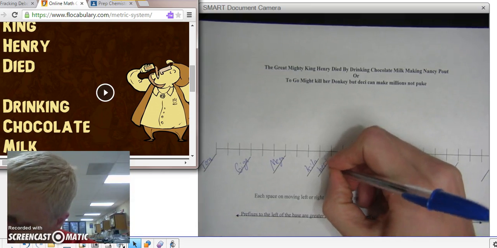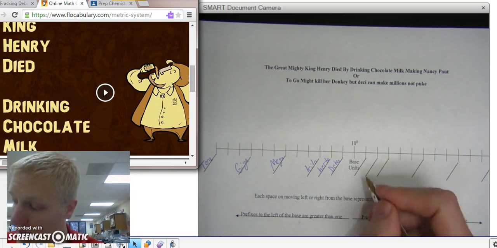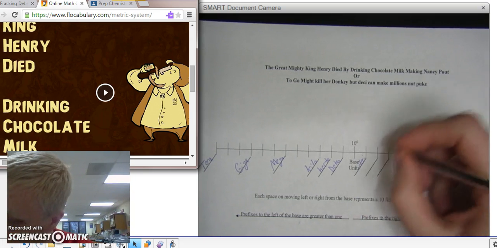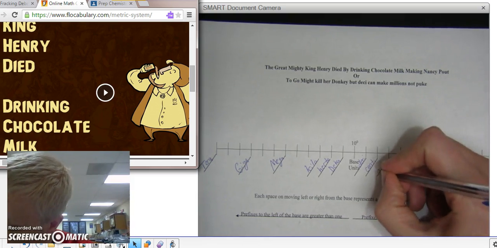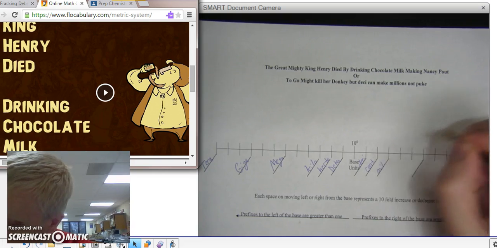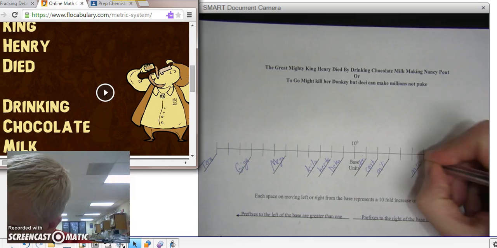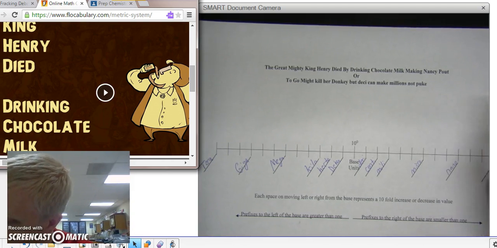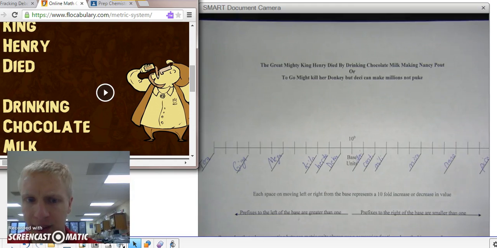Died is deca. And then by is base units. Drinking, deci. Chocolate, centi. And then you've got milk is milli. Making is micro. Nancy is nano. And pout is pico. Very small. Alright, that pretty much fits.